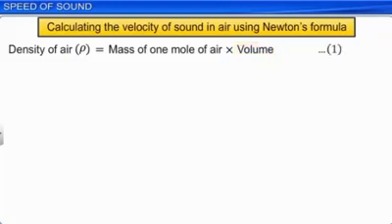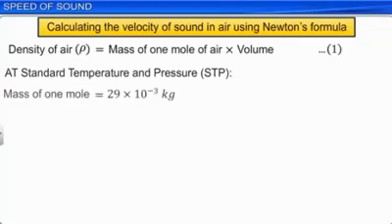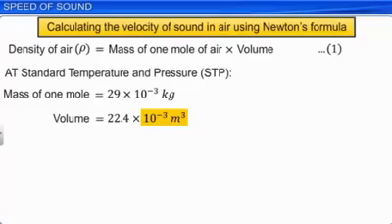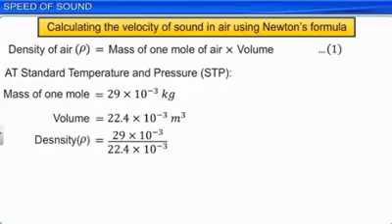Mass of 1 mole is 29 into 10 raised to the power minus 3 kilograms, and its volume is 22.4 into 10 raised to the power minus 3 meter cube at standard temperature and pressure. By substituting the values in equation 1, we get rho is equal to 1.29 kilograms per meter cube.